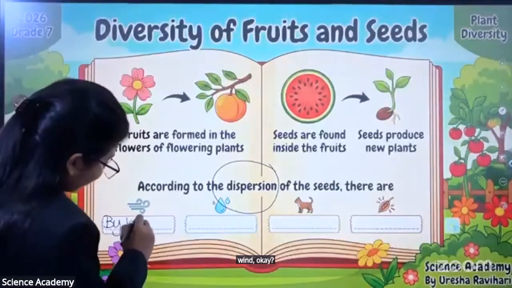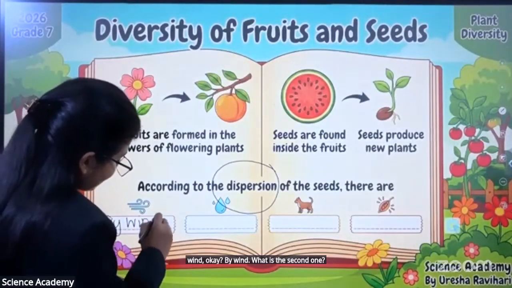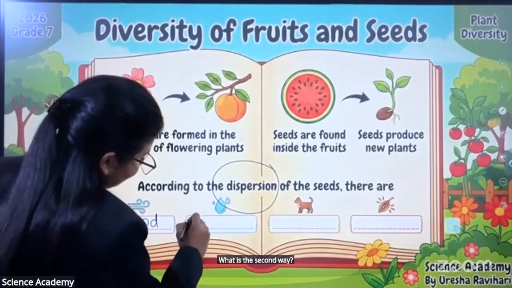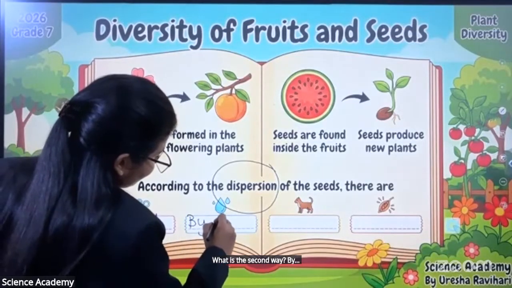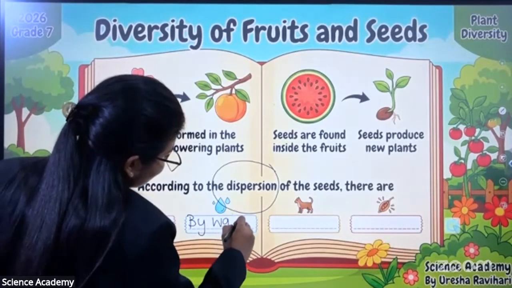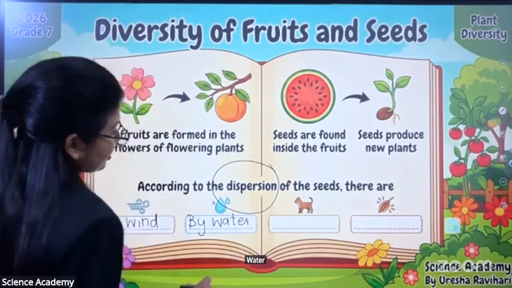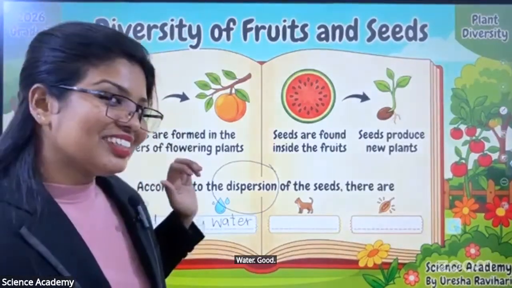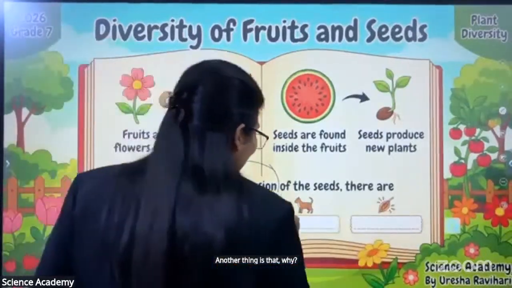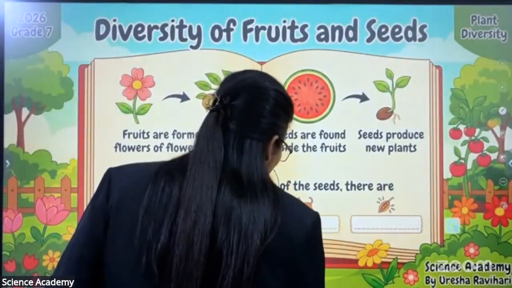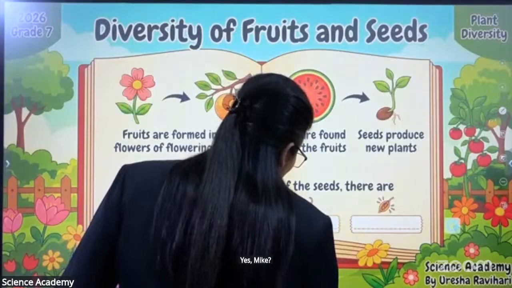What is the second way? By water. Good. Another one is by animals. Yes, by animals.